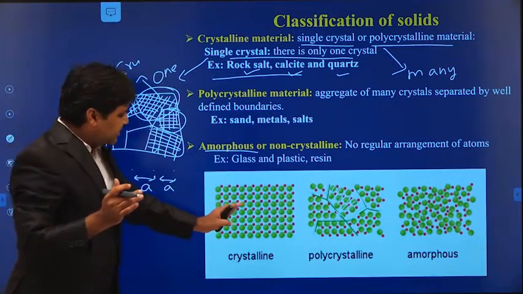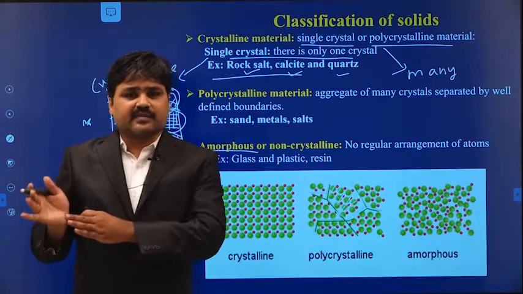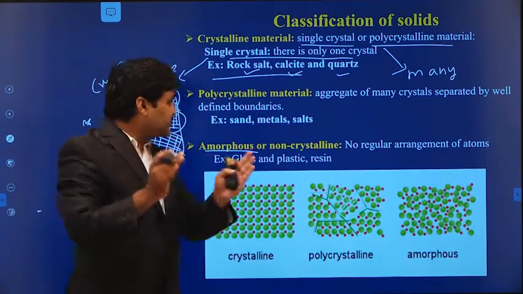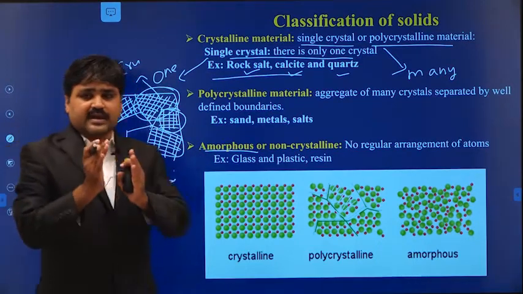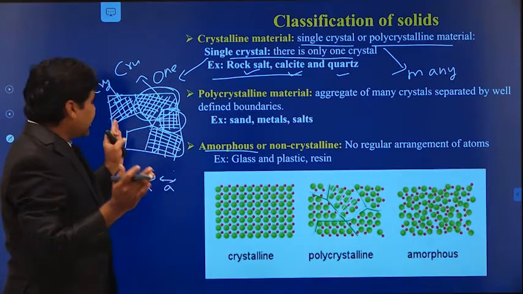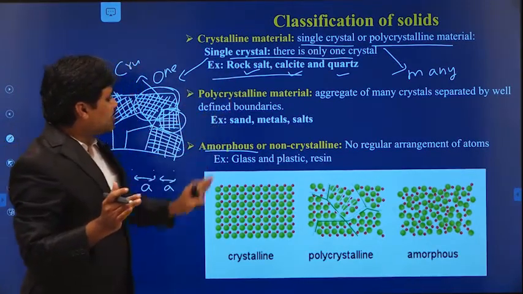In crystalline materials, throughout the material, all the atoms are arranged in a regular and periodic manner. In polycrystalline materials, within the grain they are regular and periodic, but the grains are separated by well-defined grain boundaries and oriented in different directions. That is the difference between the single crystal and the polycrystalline material.